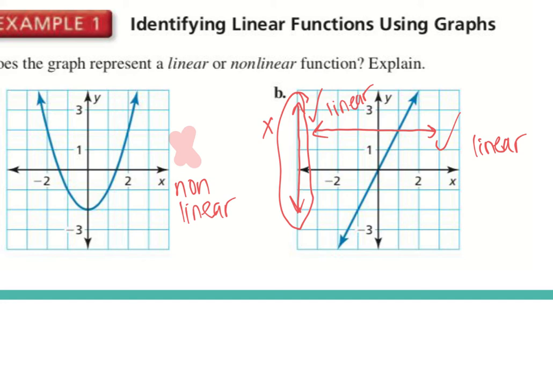Does that make sense? All other linear equations are functions. You have a question? No. You sure? Yeah. So it's the only straight line that is not a linear function: vertical lines. All other straight lines are good to go.